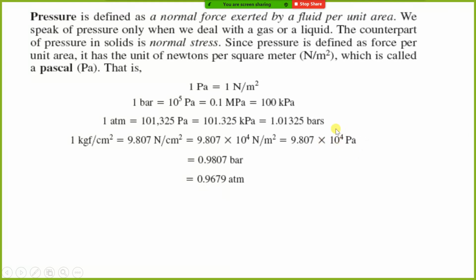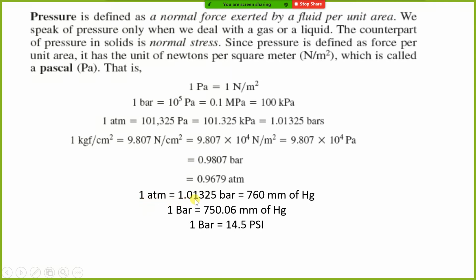It will be 0.9807 bar. And in terms of atmospheric pressure, 0.9679. We just have to divide it by 1.01325. If we divide it by 1.01325, we will get it in atmospheric pressure.